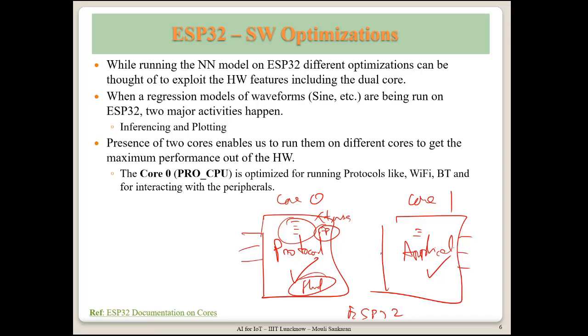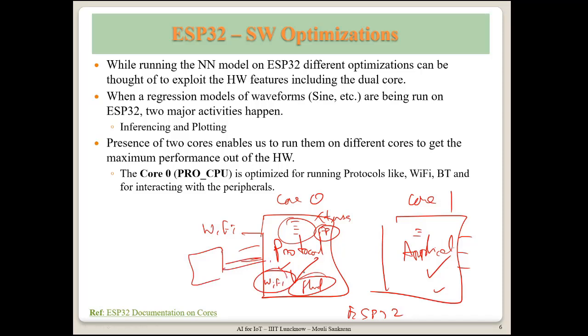I am not saying that you cannot access the Wi-Fi from here. You can do it, but there may be some performance impact. But if the Wi-Fi protocol is running on this core, and the Wi-Fi hardware is connected to it, then it will be effective.